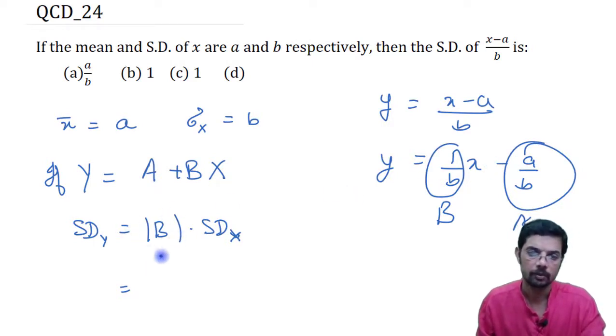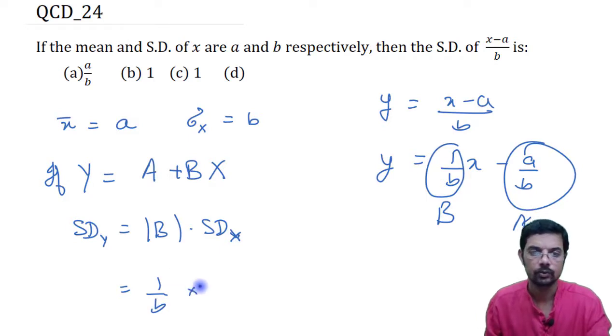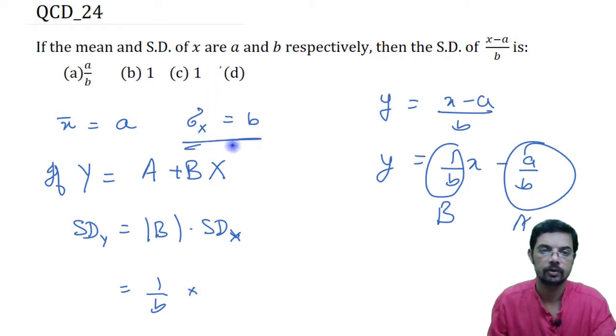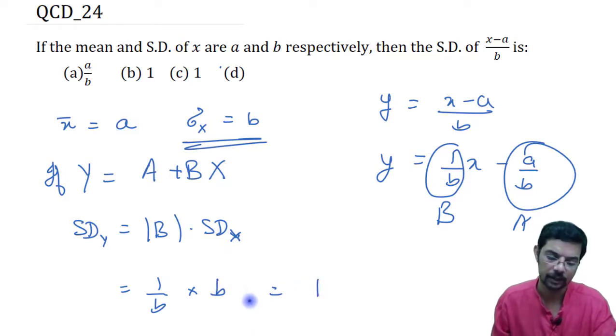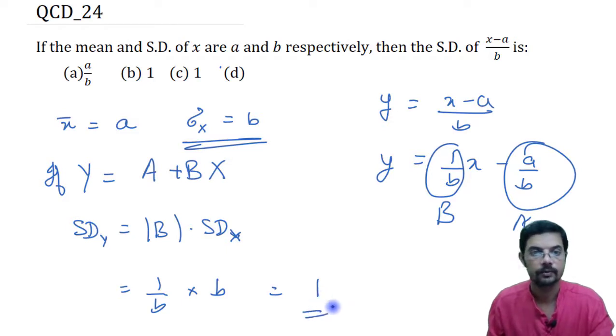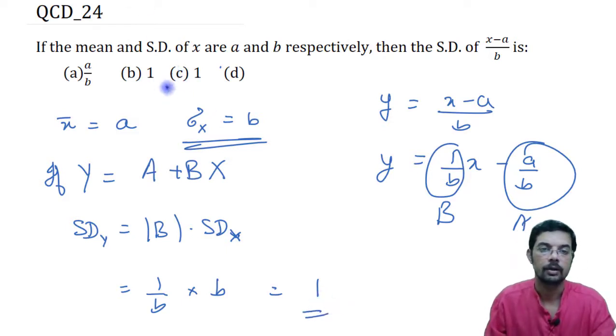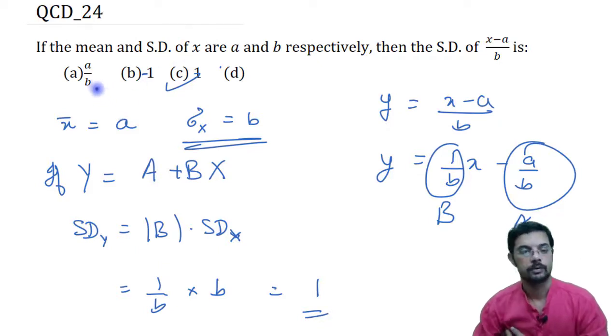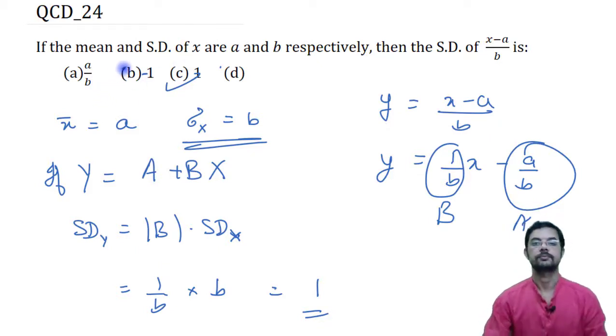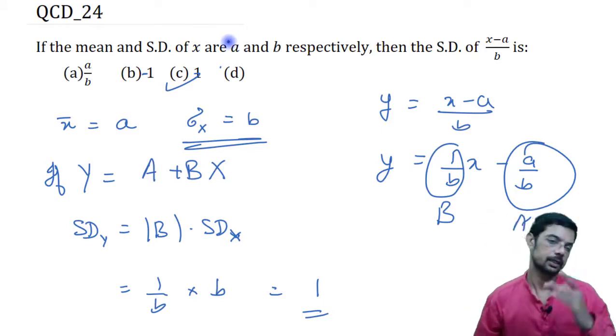So what is modulus of b? It is modulus of 1 by b into the standard deviation of x, which is b. So we have b here, and so we have 1 as your answer. So option C, 1. We can take this as minus 1, which is correct. Option C is the correct answer.